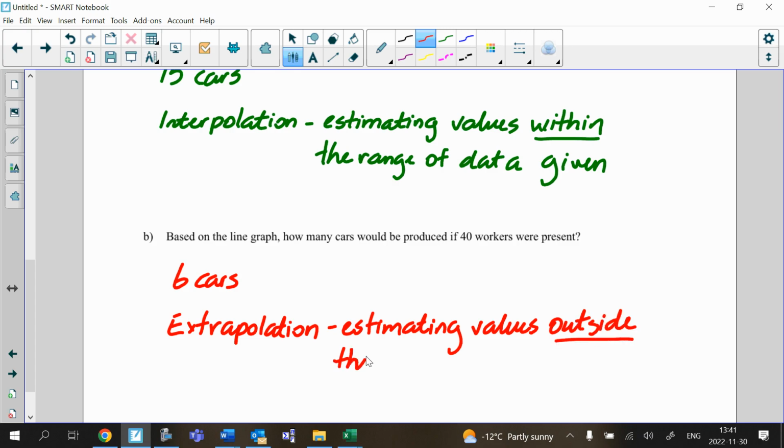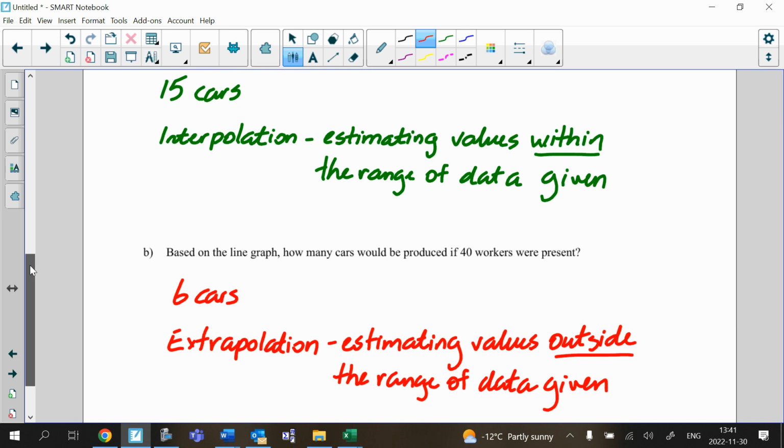Sometimes when you are asked to extrapolate, and you may remember this from AP Stats, you'll get an answer that doesn't make sense. Sometimes extrapolation is not useful. For example, if we kept this trend line going, we might get down to about there, which is what?